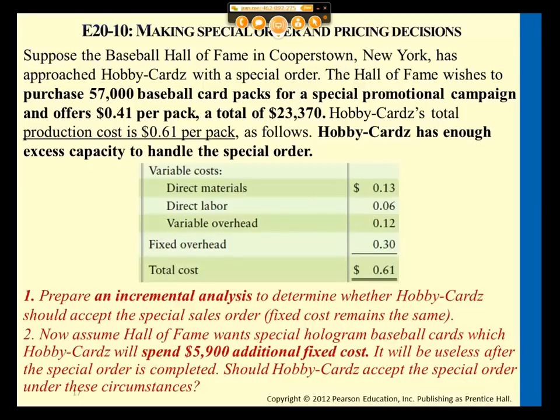So right now we're going to try to make a decision whether we're going to accept or decline that offer. We have the Baseball Hall of Fame in Cooperstown, New York. They got approached with a special order. The Hall of Fame wishes to purchase 57,000 baseball card packs for a special promotion campaign and offers 41 cents per pack.